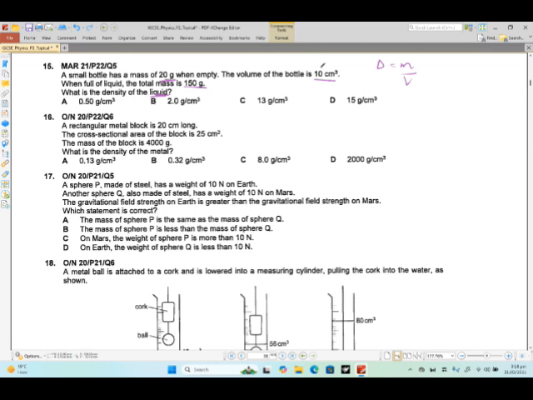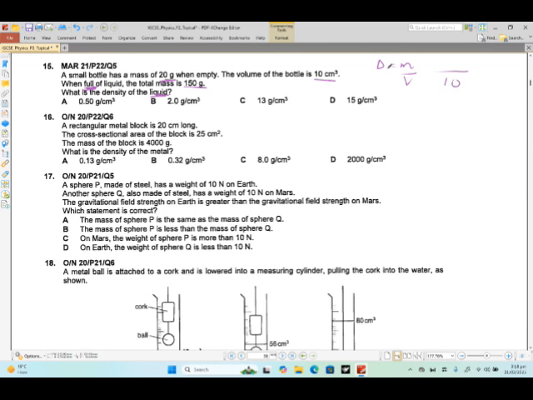Because the bottle is full of liquid, the volume of the liquid and the volume of the bottle would be the same. So we have our volume.